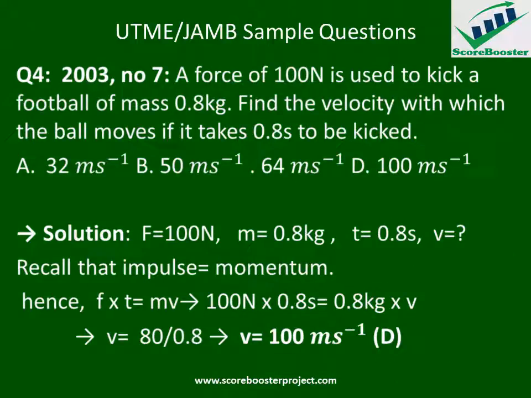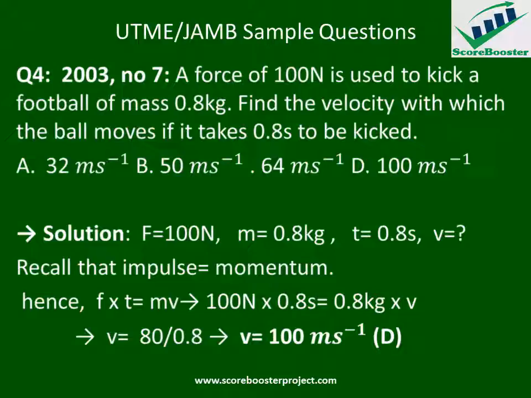Now, the next thing is to consider the UTME sample questions on Newton's third law of motion. And the example we shall be considering will come from 2003, number 7. The question says a force of 100 Newton is used to kick a football of mass 0.8 kg.